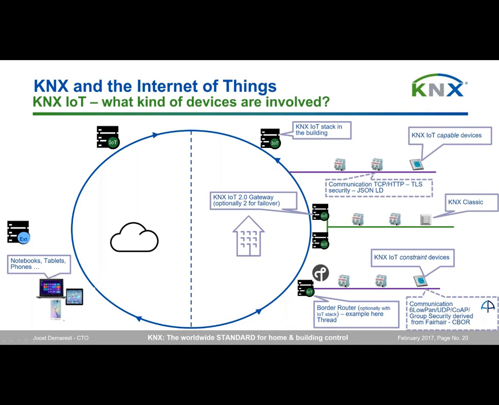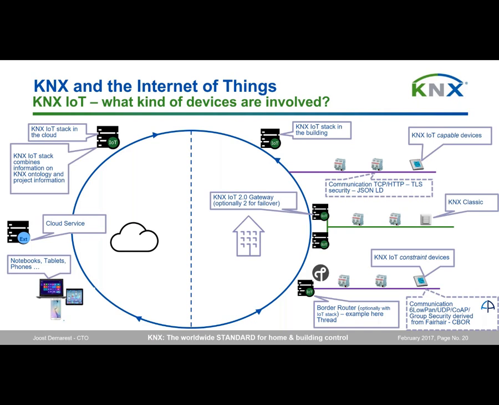On the internet side, there would be notebooks, tablets, phones. There could be a cloud server, and there could be a KNX IoT stack sitting in the cloud. And there could be a KNX IoT stack on the internet that combines the information on the KNX ontology and the project information.